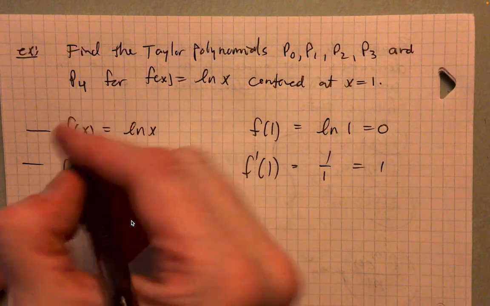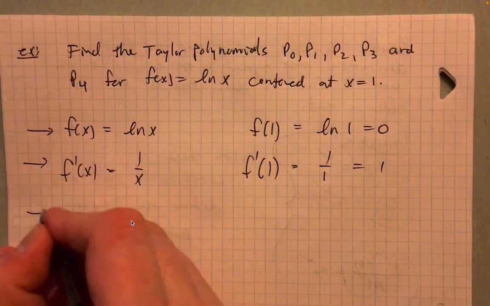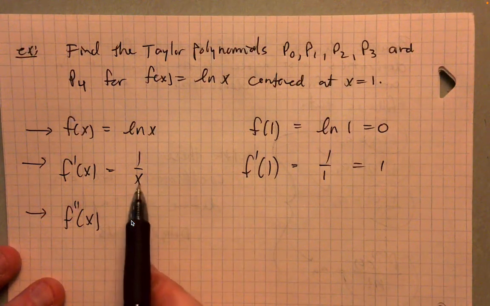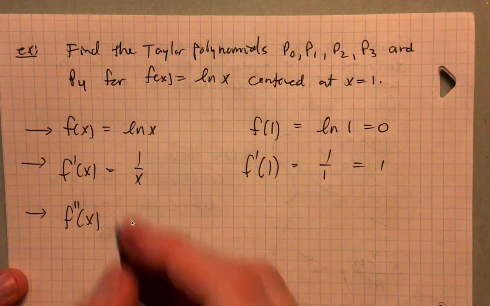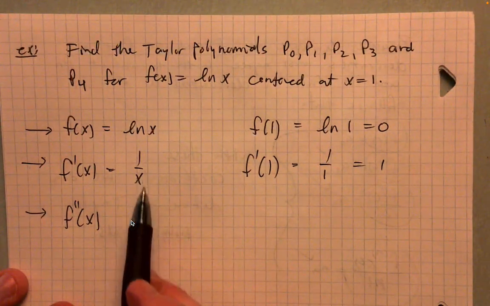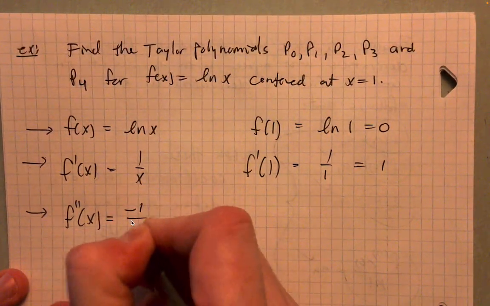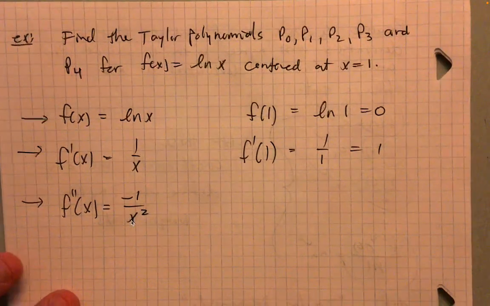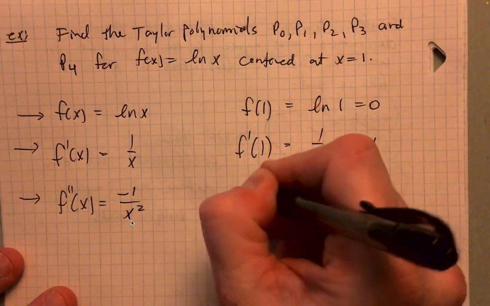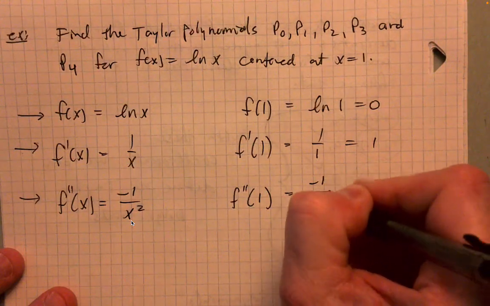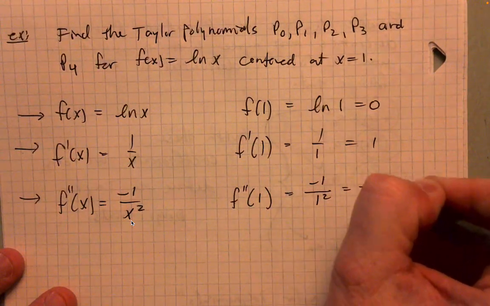The second derivative, you differentiate this, and because this is x to the negative 1, you introduce a negative and get negative 1 over x squared. So the second derivative evaluated at 1 is negative 1 over 1 squared, which is negative 1.